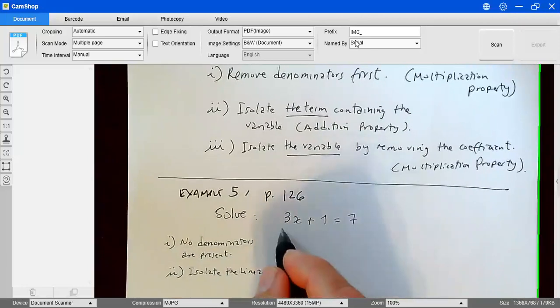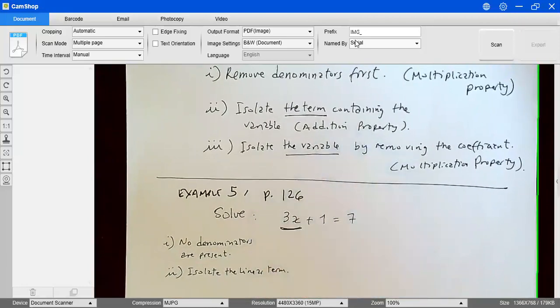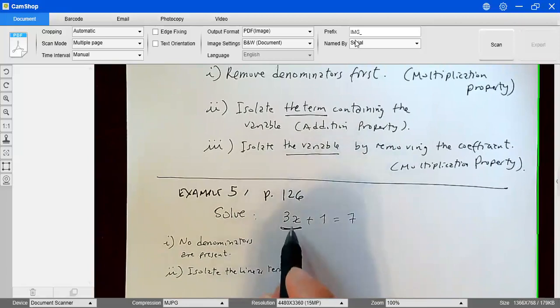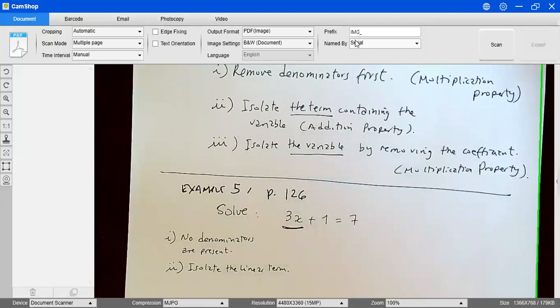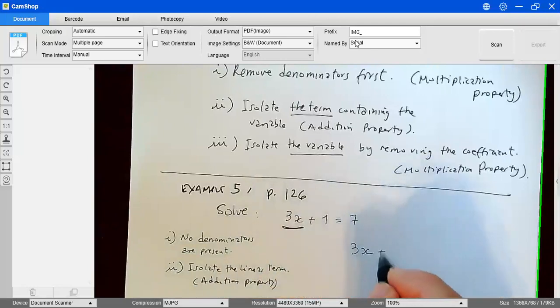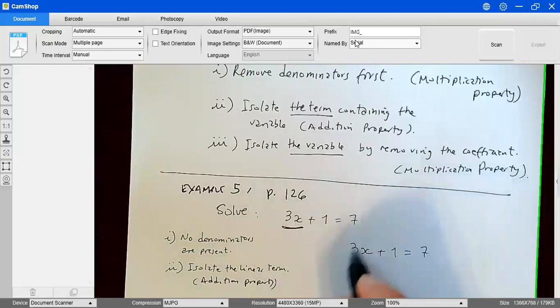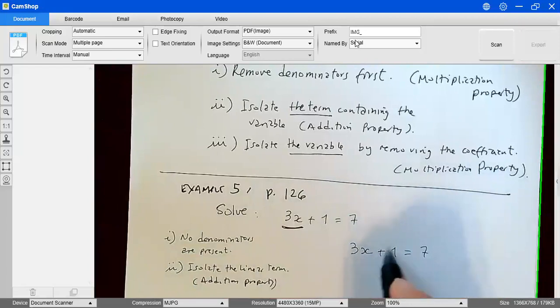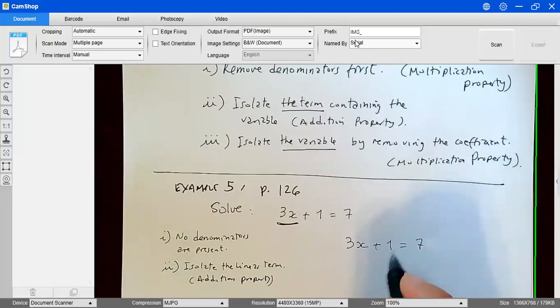What is the linear term? This is the linear term. It's the term containing the variable. We need to isolate that term. How? You're going to apply the addition property. I'm going to write it here, 3x plus 1 equals 7. To isolate this 3x, we need to remove this 1 here. It's positive 1, so we need to add negative 1.